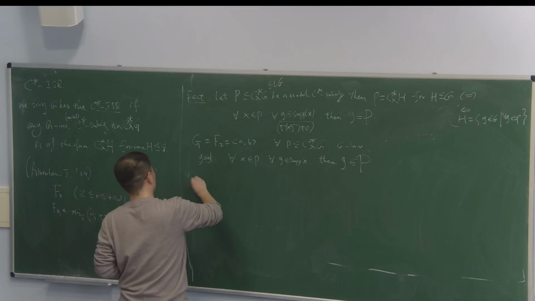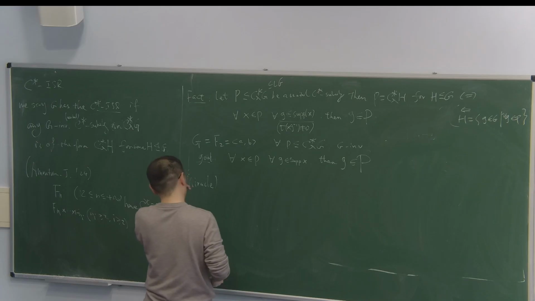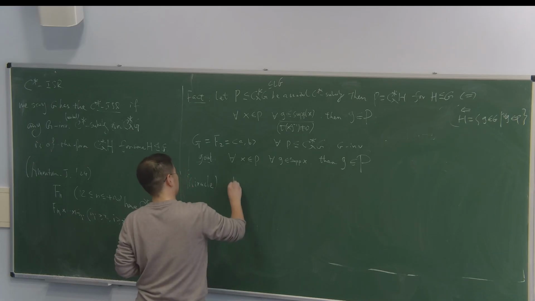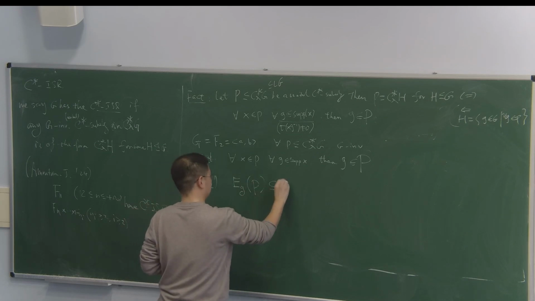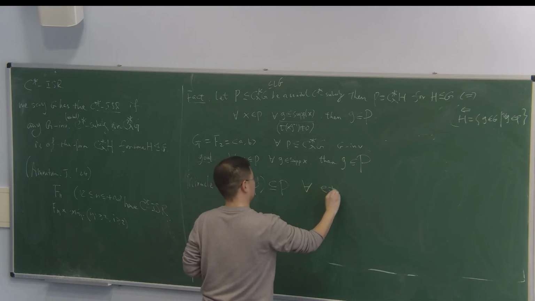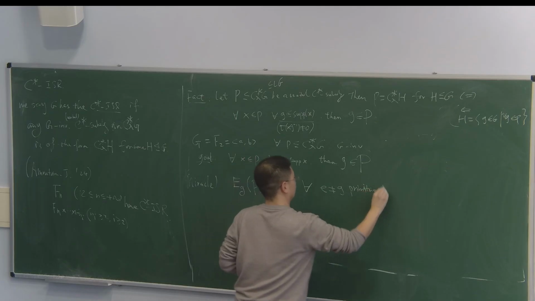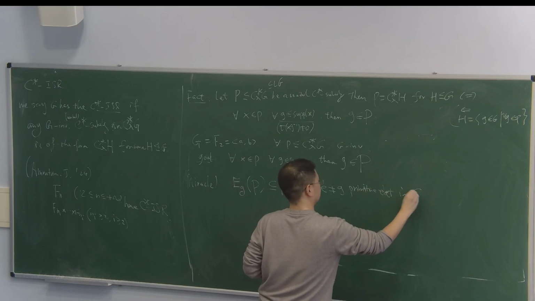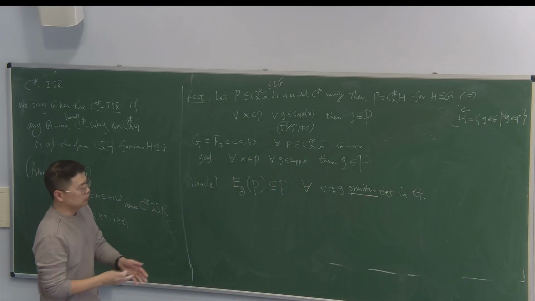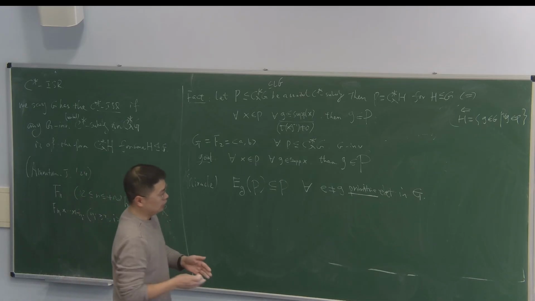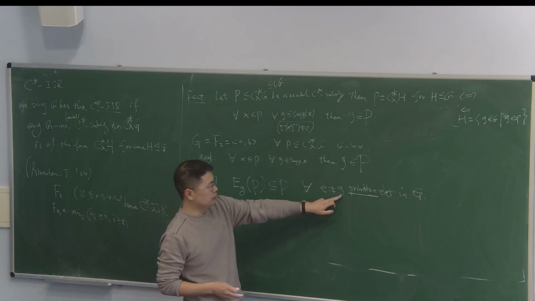There is a miracle. That is, E_g(x) lies in P for any primitive element g in G. So for example, a primitive element means you can't write it as higher powers of other elements than g or g inverse.